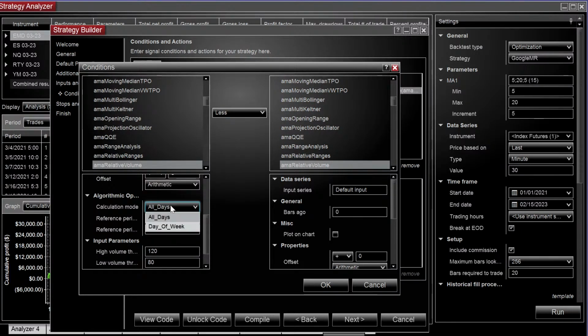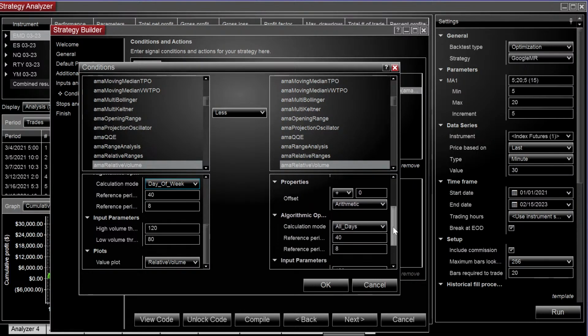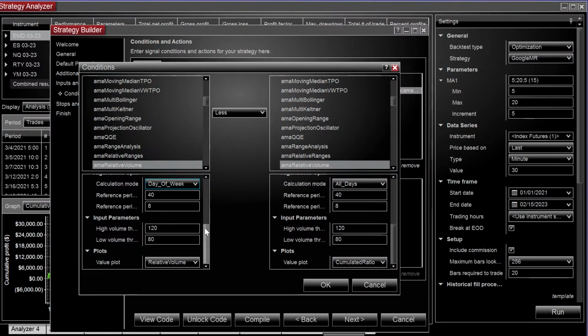All right, let's look at the relative volume of specific days of the week.